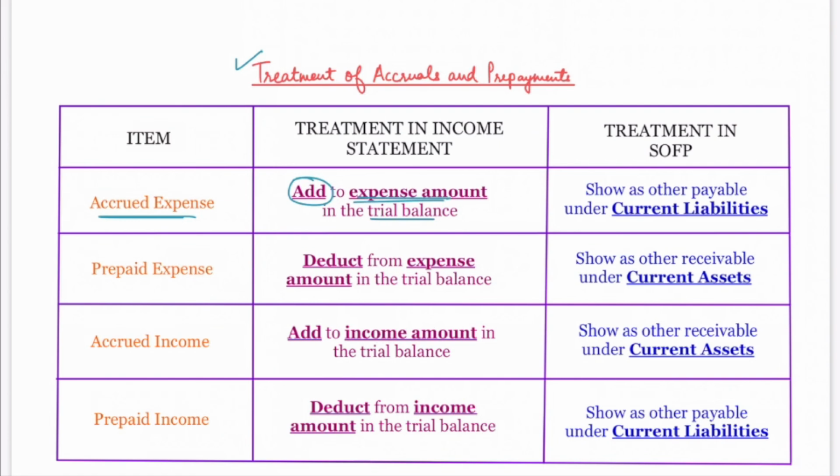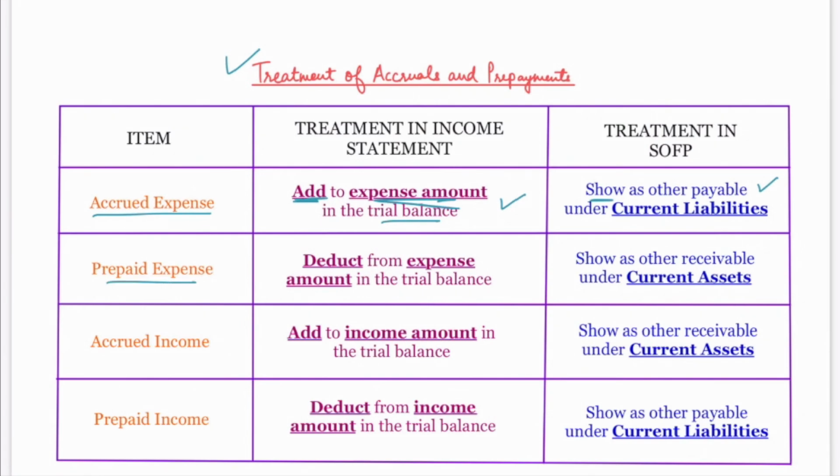So you add that 100 to the 1,000 which you would have written on the income statement expense side. So 1,000 plus 100, that is $1,100 on the income statement expense side. And in the statement of financial position, you show that $100 in other payables under the heading of current liabilities.